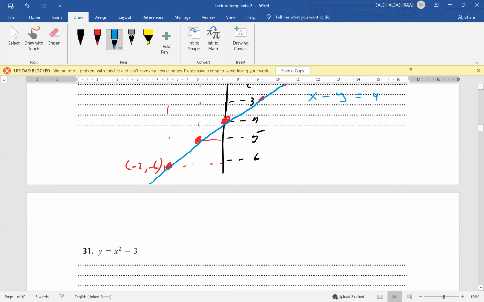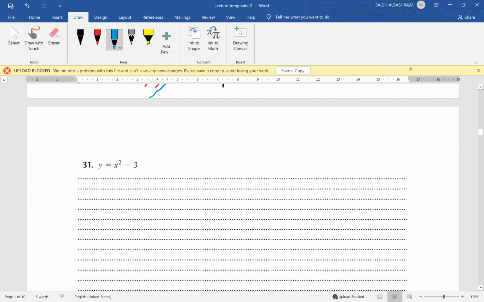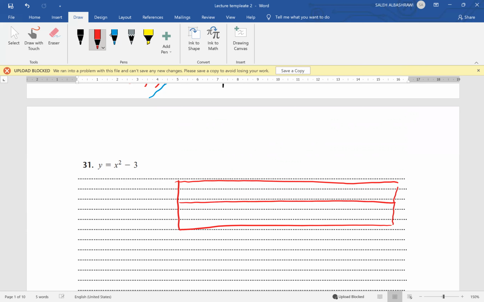So another example. We have y equal to x squared minus 3. Again, I need to plot 5 points for this equation. I have x as the independent variable.